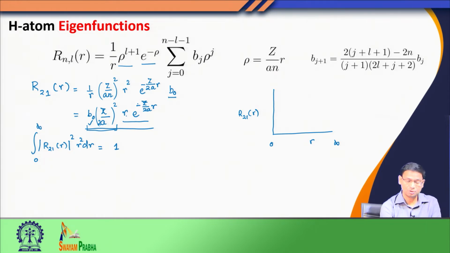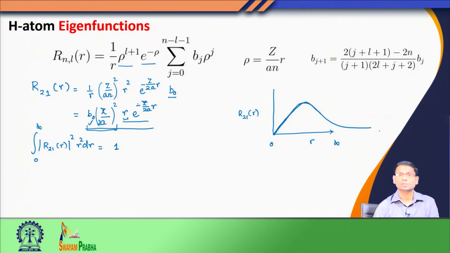When r goes to 0, unlike the s orbitals, whether 1s or 2s, this function will become 0, because I have this r term. For lower values of r, the r term will dominate, so we would see an r type of rise. But as we go to higher and higher values of r, the exponentially decaying function will overcome it, and at the end we would get something like this.